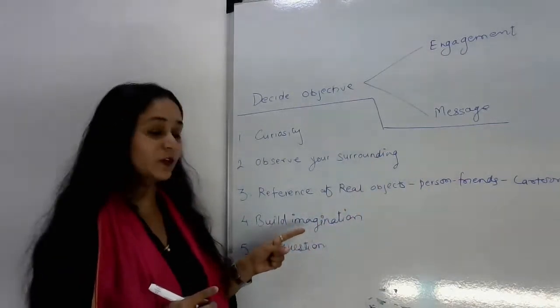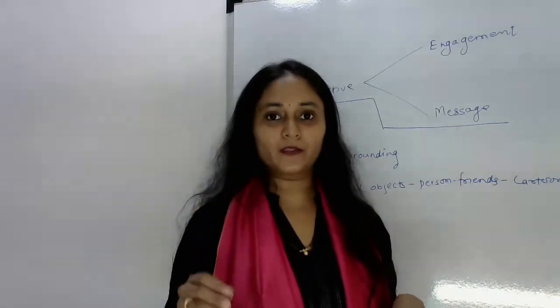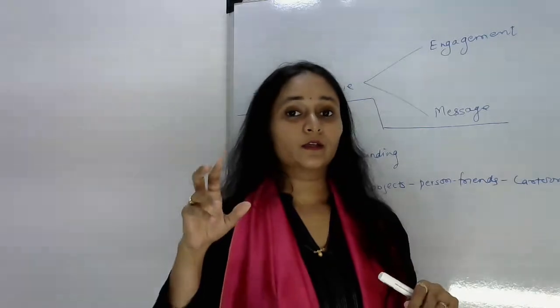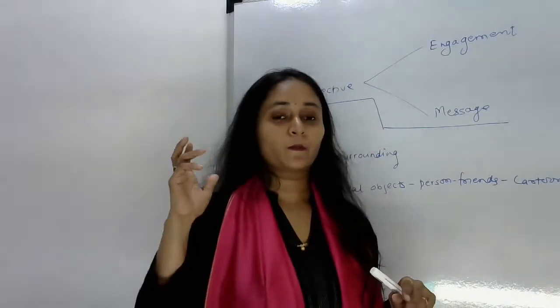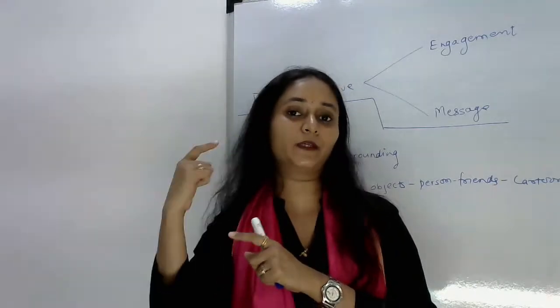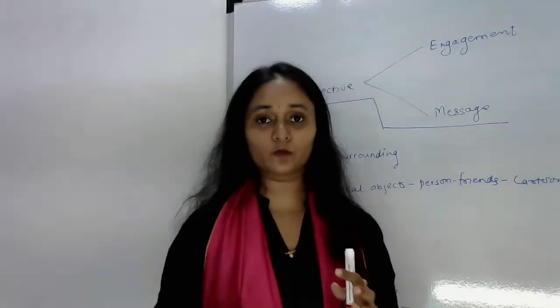You have to build their imagination with these steps. So your fourth step is to build their imagination. When you are trying to build their imagination, use this word: imagine. Imagine, and let them create pictures visually and help them go into the details of those pictures.